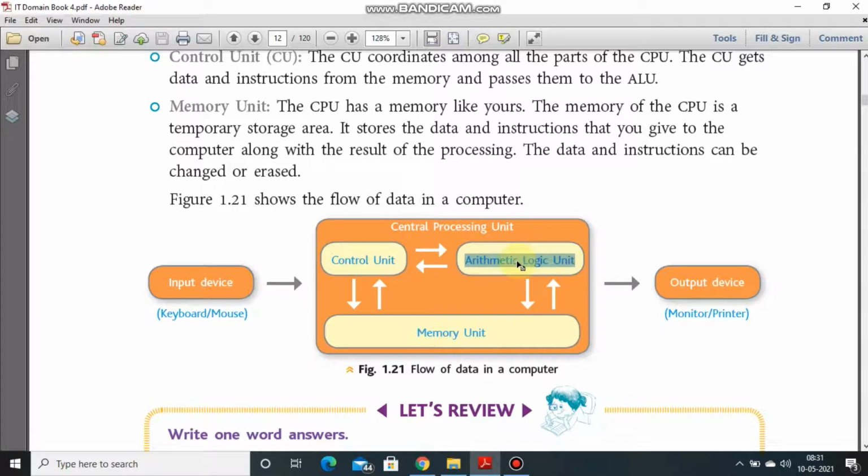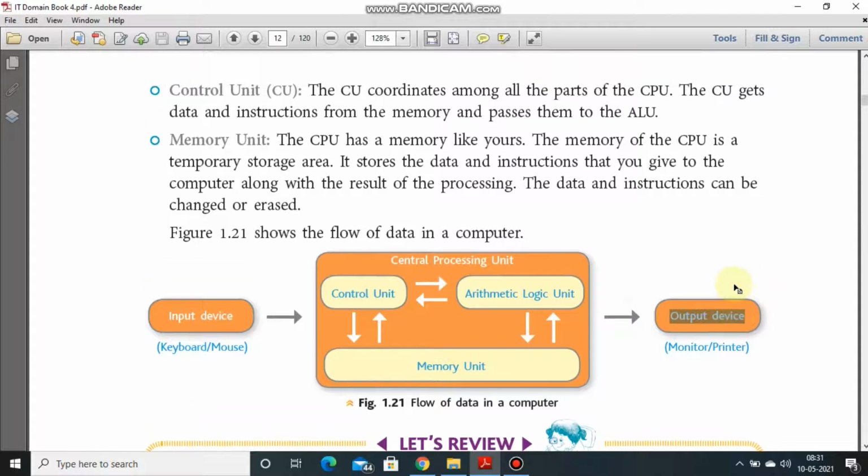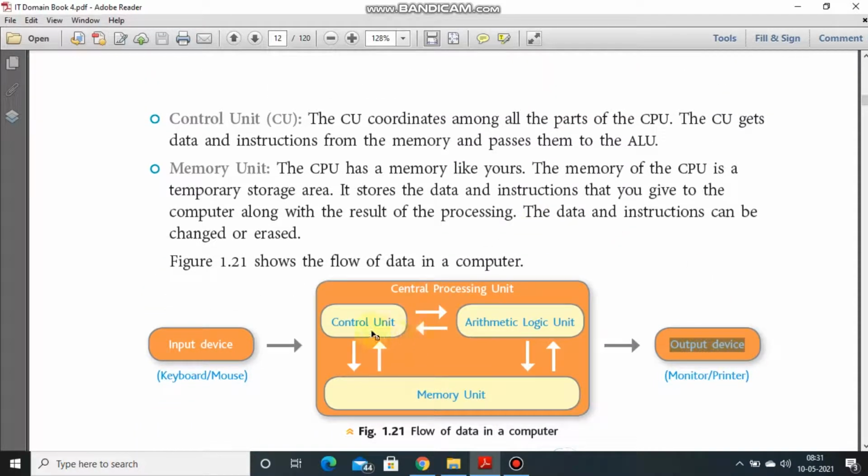The output is again stored in the memory unit, and then it is passed to the output device for displaying. All the coordination work is done by the control unit.